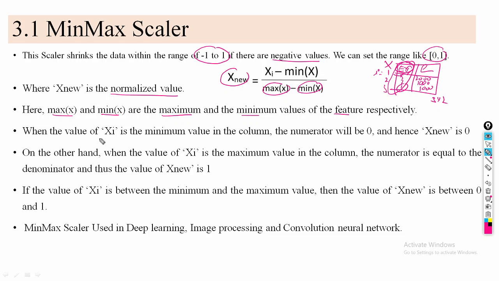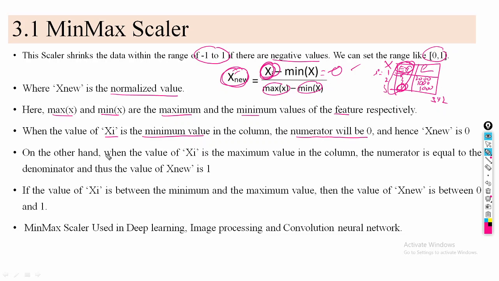When the value of xi is the minimum value in the column, for example xi equal to 1, the numerator will be 0, so the x new will be 0. Whenever xi is the minimum value, the normalized value will be 0.